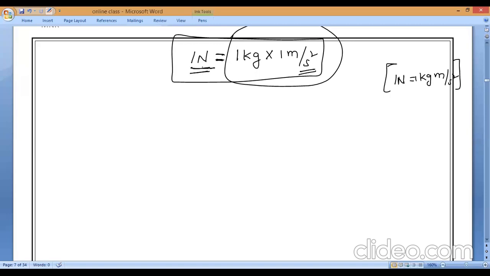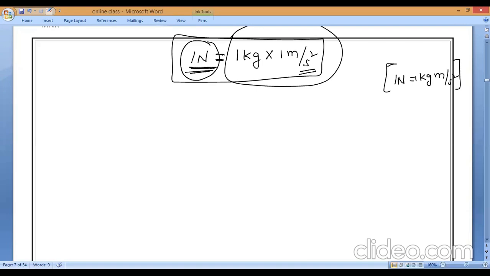If 1 kg of mass is accelerating at 1 meter per second square, then the applied force is equal to 1 Newton.